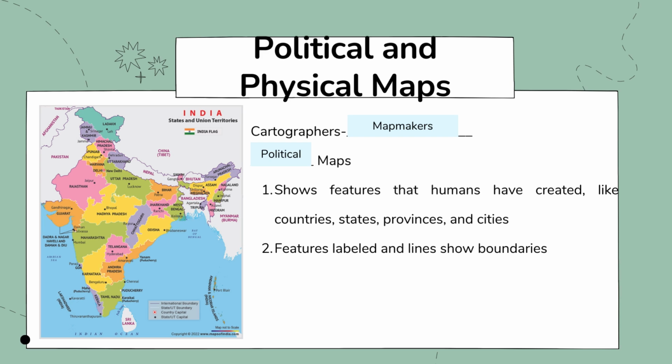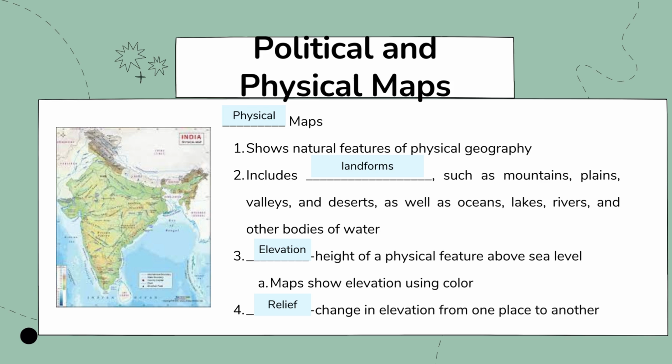The features are labeled and lines are used to show boundaries, like those between countries or states or provinces or things like that. It's really easy to think of this as like political parties, and that is not what we're thinking about. Think political map as in what have humans created? What did humans name?